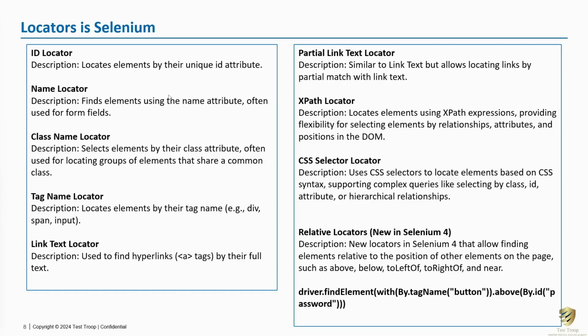Now let us discuss the different locators that are used in Selenium. The locator strategy in Selenium is a method used to identify web elements on a web page for interaction within the automated test. Using these locators, we can identify the elements in a web page and interact with these elements, such as reading a text and performing the click action.